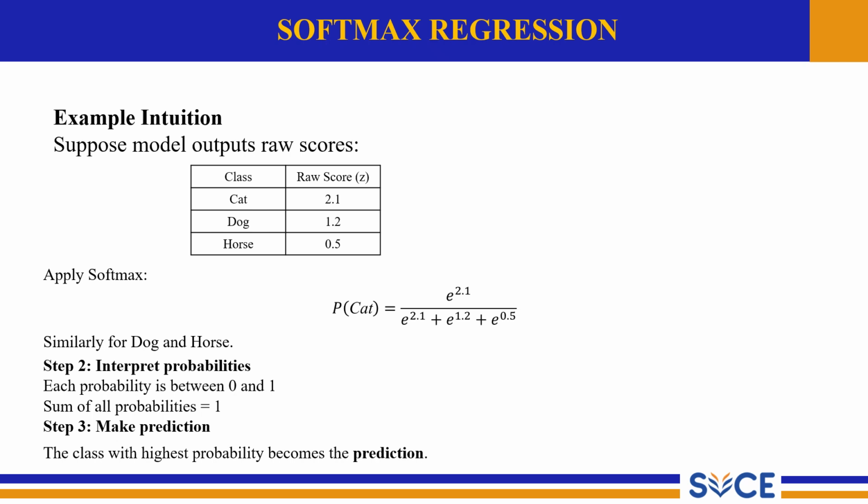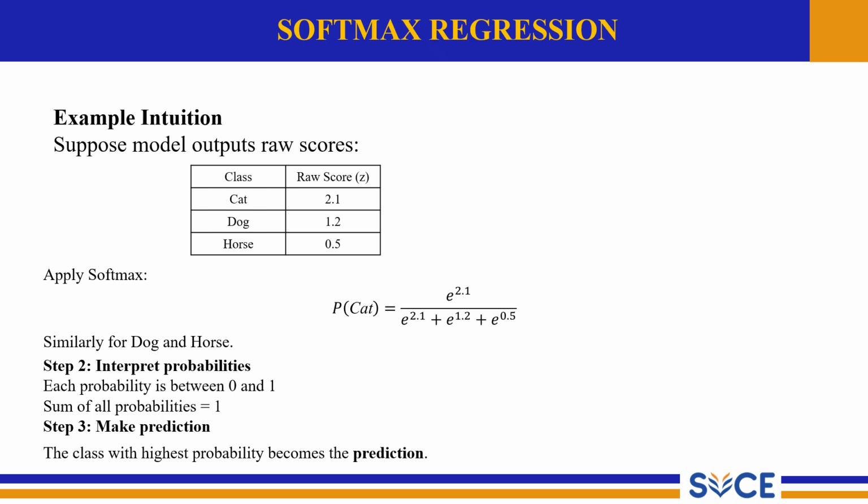Similarly, for dog, e to the power of 1.2 divided by e to the power of 2.1 plus e to the power of 1.2 plus e to the power of 0.5. For horse, probability equals e to the power of 0.5 divided by e to the power of 2.1 plus e to the power of 1.2 plus e to the power of 0.5.